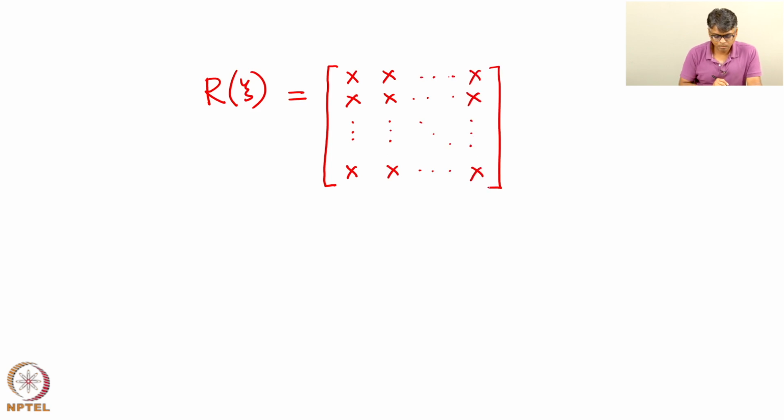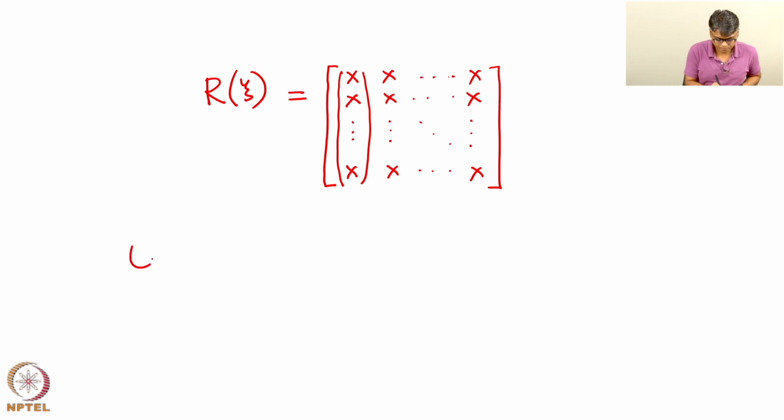Now, I just concentrate on the first column. Unless the first column has only zeros, it's a collection of non-zero polynomials which will have a GCD.